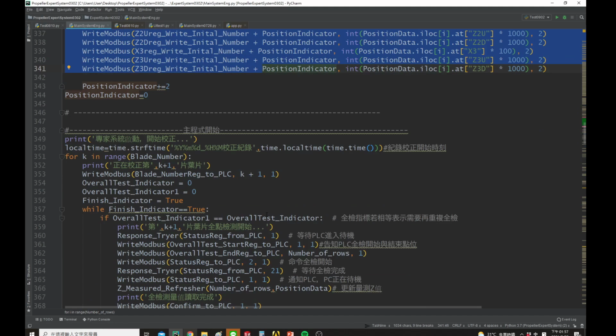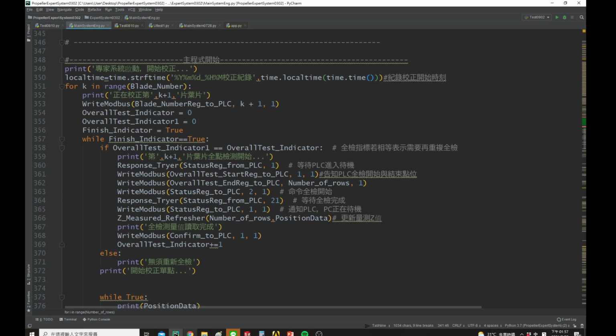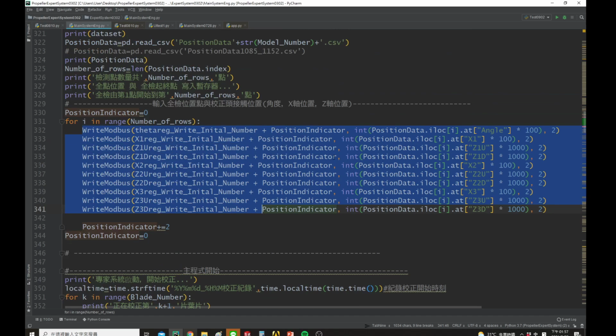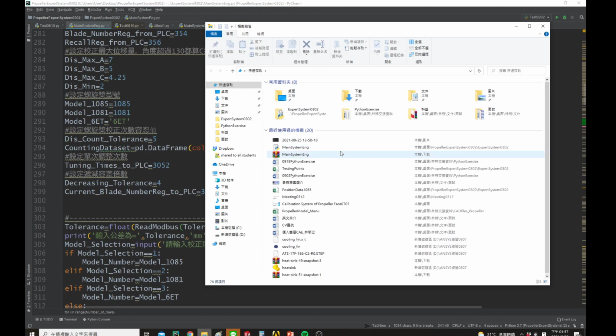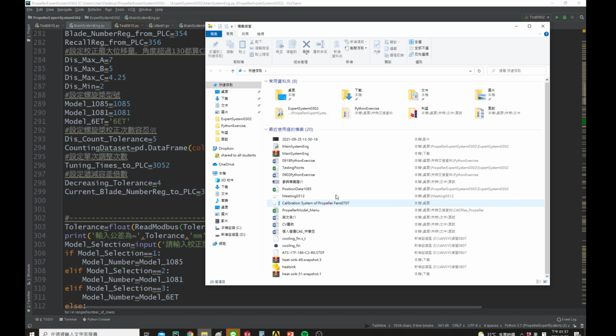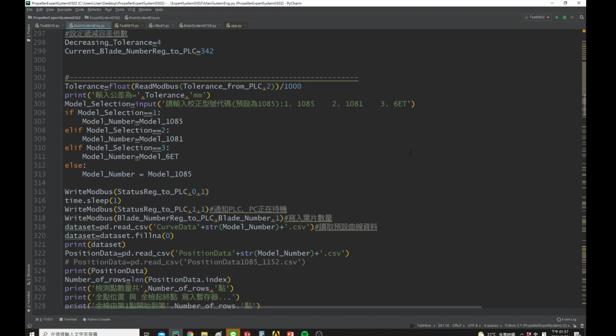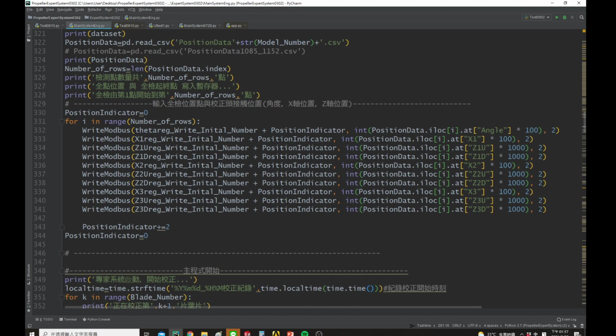And then how do you define the curve? Is the curve defined by the PLC or defined manually by you? The curve data is the relationship between displacement and deformation, right? By experiment, right?